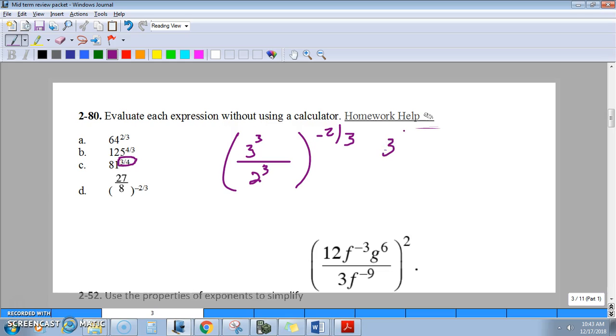So I have 3 to the negative 2 over 2 to the negative 2, which is the same as 2 squared on the numerator over 3 squared on the denominator, which is 4/9. All right, I think we're done with this part of the exponents. Maybe, nope, use property to solve the next one. All right, well, we'll keep going then.